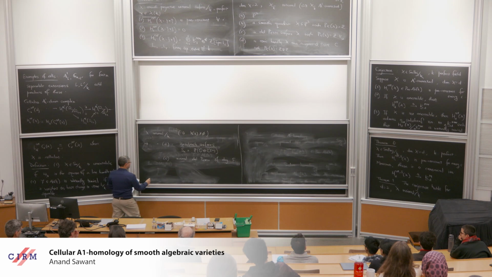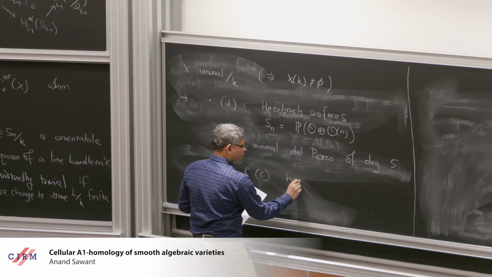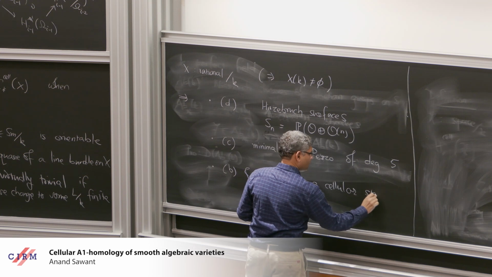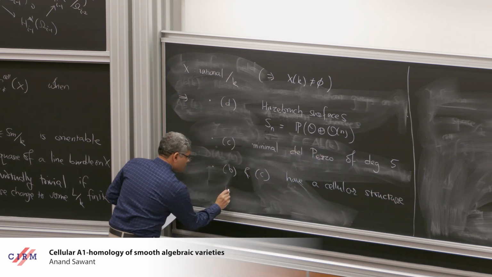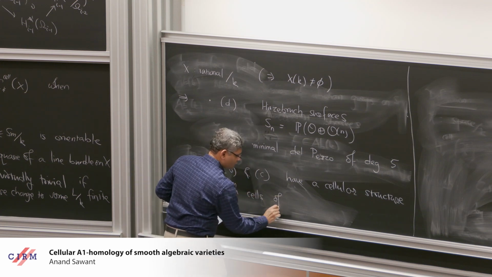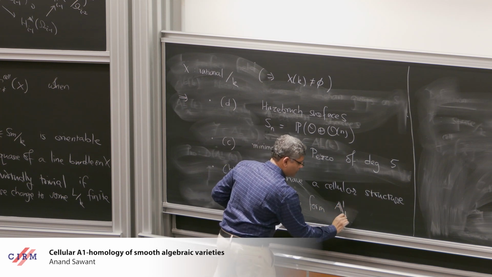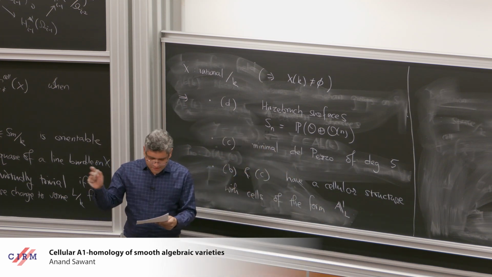Okay, but in this case, I want to point out that B and C, these two have a cellular structure with cells of the form A1 L. So you can write it down explicitly, and if there is time, you can remind me.